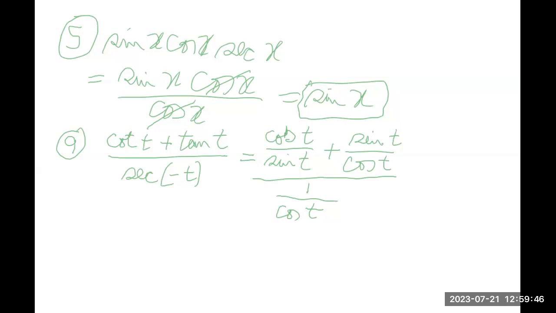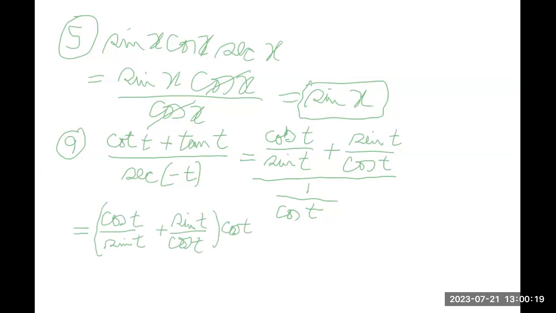So this becomes cosine t over sine t plus sine t over cosine t times cosine t. And next, I can distribute the cosine t.